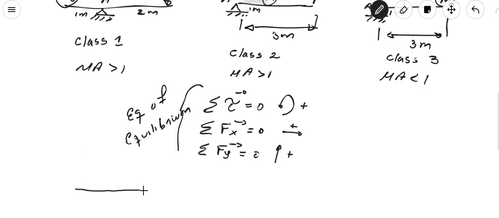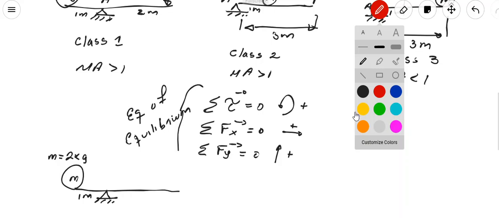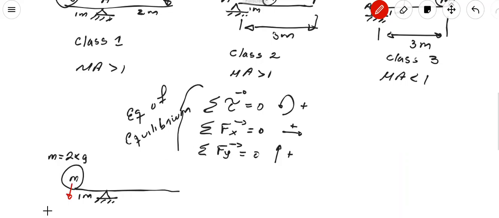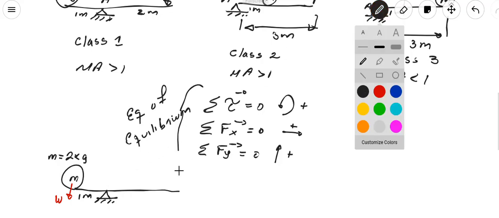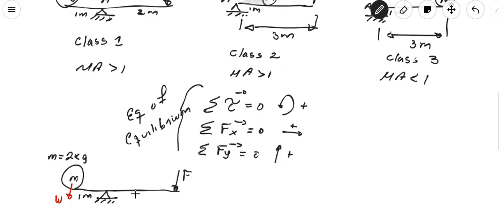I have my bar, a red bar, and then we have a fulcrum here. 1 meter to the left of the fulcrum, we have a mass M equal to 2 kilograms, and of course the weight due to this mass of 2 kilograms will be pointing downwards, and that weight W will be the product of the mass times the acceleration of gravity. We also have a force F over here, and the force F is acting 2 meters from the fulcrum.